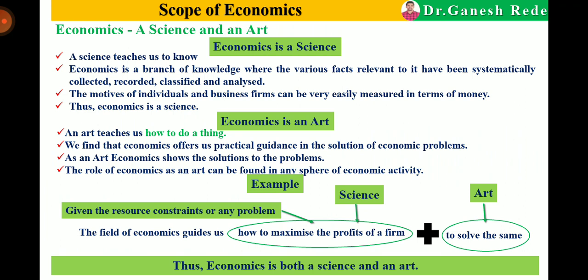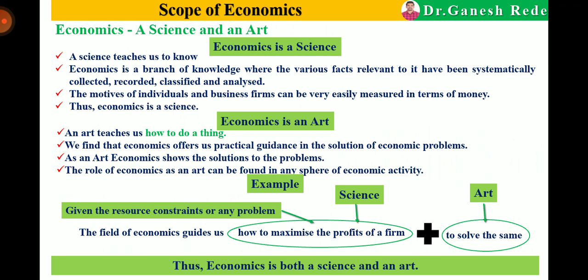Economics as a science tells us to know how to maximize the profit of a farm, then art is to solve the same. If I maximize my profit, then it is my art that I have maximized my profits. So thus economics is both a science as well as an art. Just keep in mind, economics is both a science as well as an art.